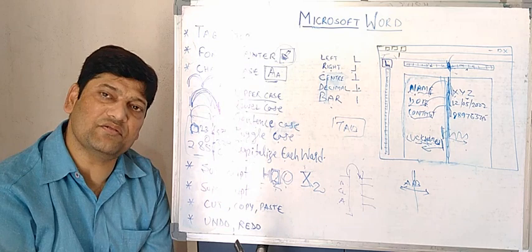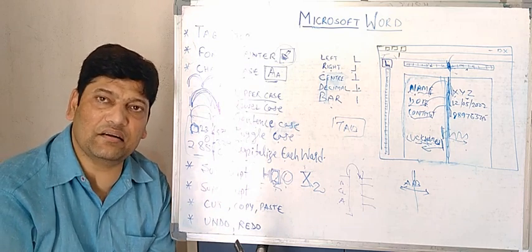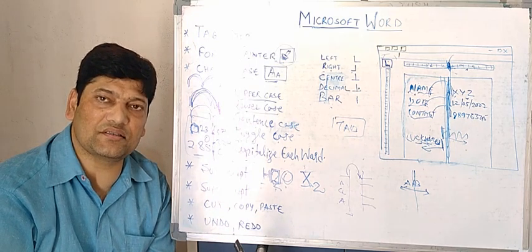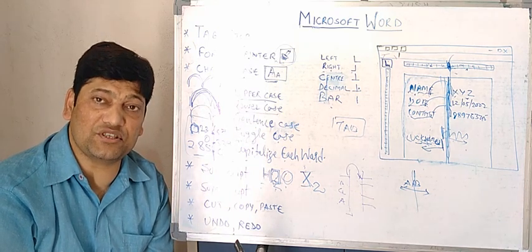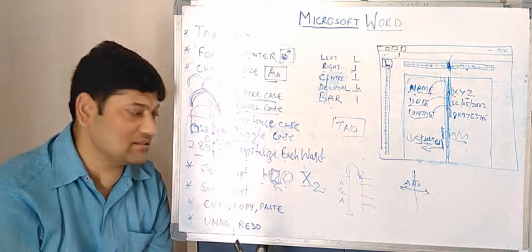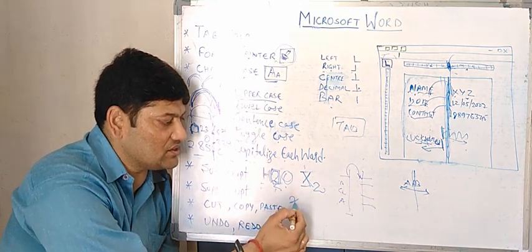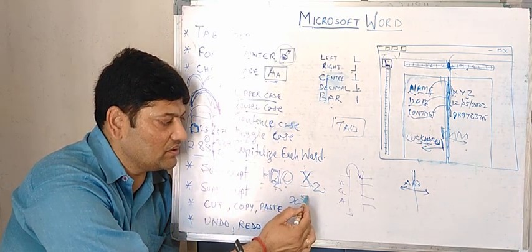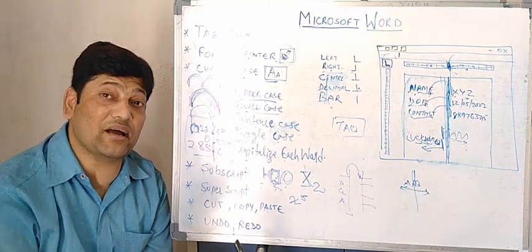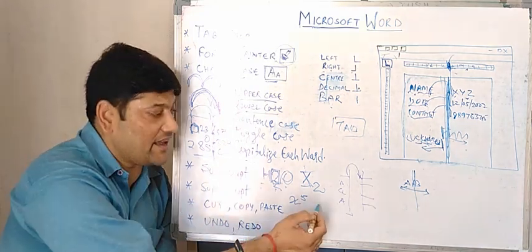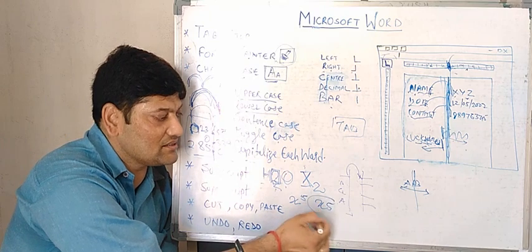Now, many times we are writing certain mathematical equations. Whenever we are creating certain question papers, we have to write something like this way: x raised to power 5. I have written it over here, there's no problem, but when you start typing on the computer, you will find that x5 will appear like this.